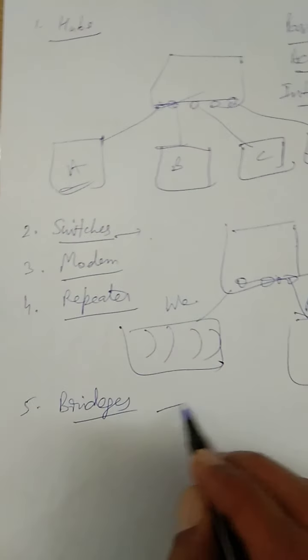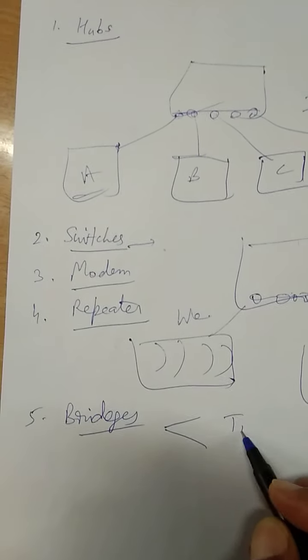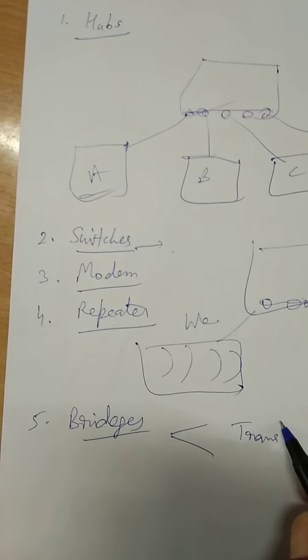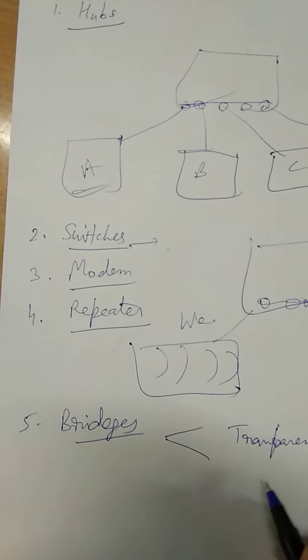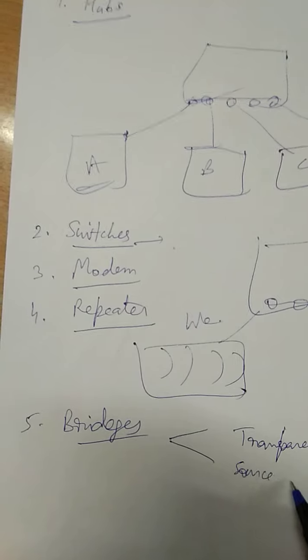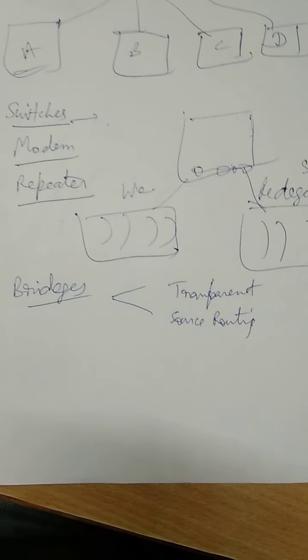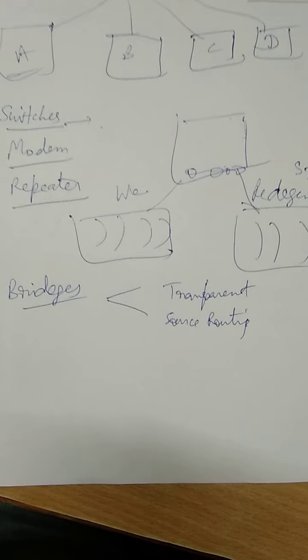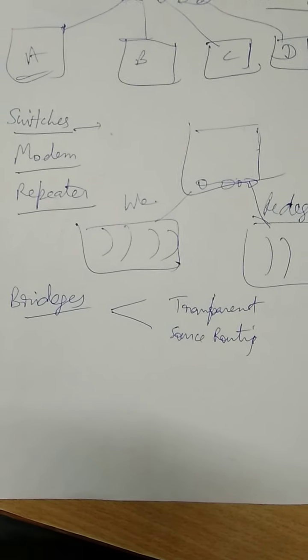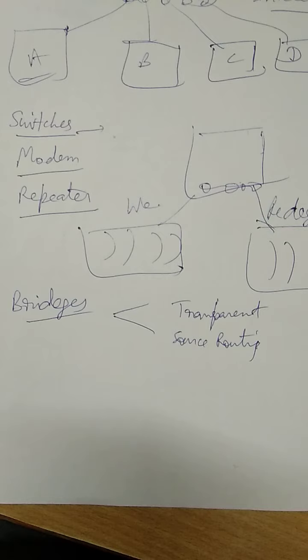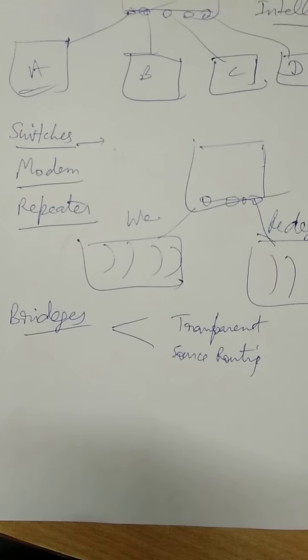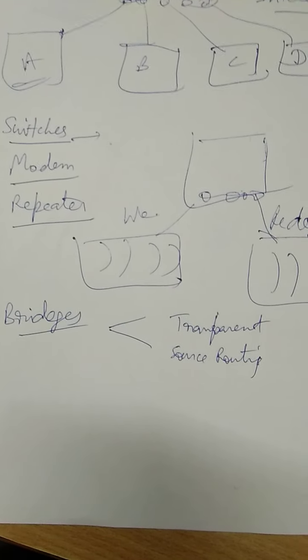Now discuss types of bridges. There are two types: transparent bridge or source routing bridge. First is the transparent bridge. A transparent bridge is a bridge in which the stations are not at all aware of the existence of the bridge.